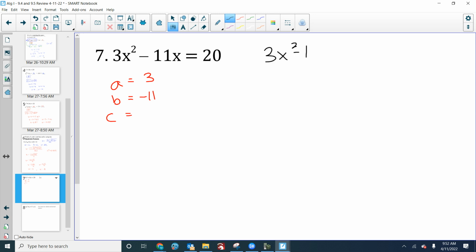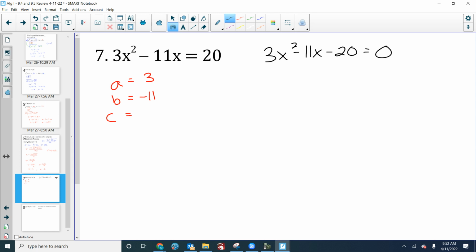Isn't it always going to be negative and negative? Well, let's make a rule, Mary. If I have to move this number over, how do I know what operation to use? Multiplication, division, addition, or subtraction? Isn't it always going to be the opposite? If I have a number over here and I want to get rid of it, if it's 20, I need to subtract 20 from both sides, right? Do you agree with that?